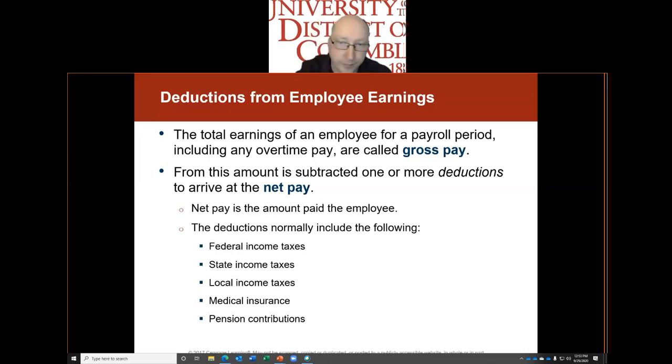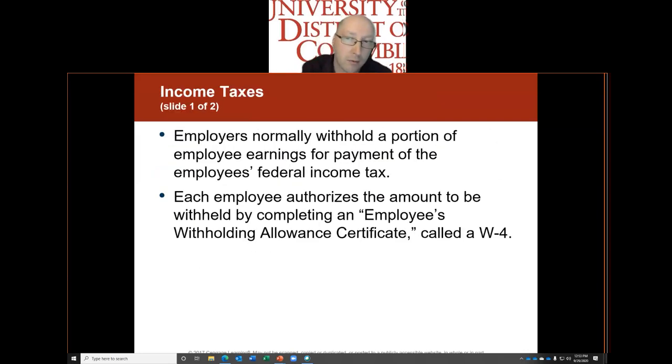Deductions include things like federal, state and local taxes, medical insurance, pensions, life insurance, and any other types of contributions that you make. Employers normally withhold a portion of employees' earnings for future payment of federal income taxes.